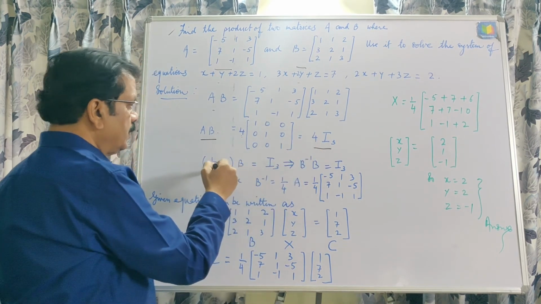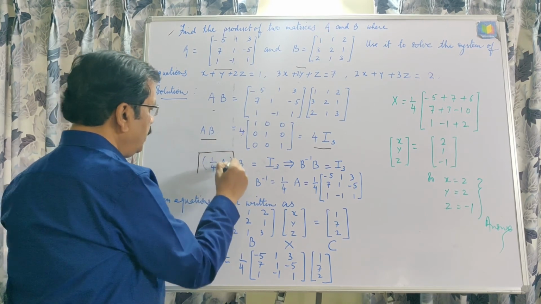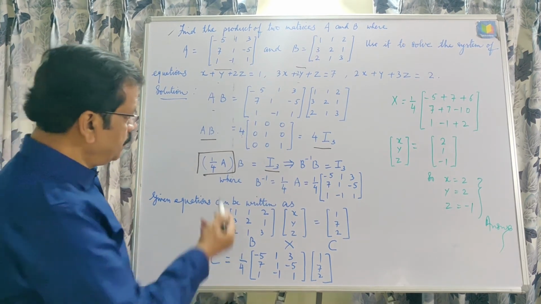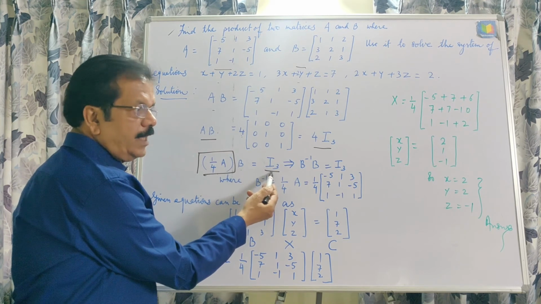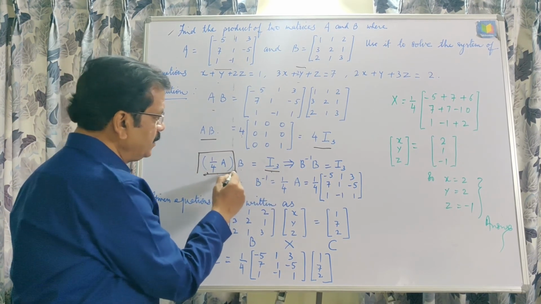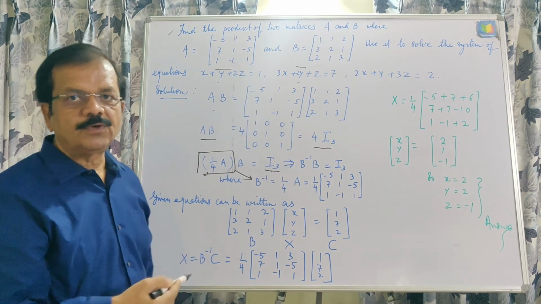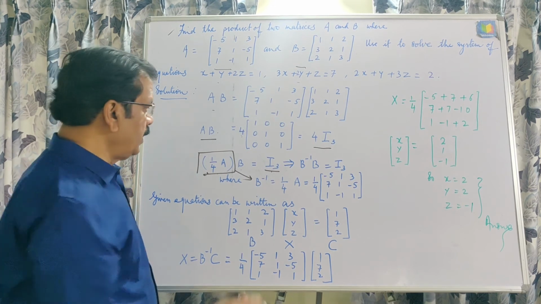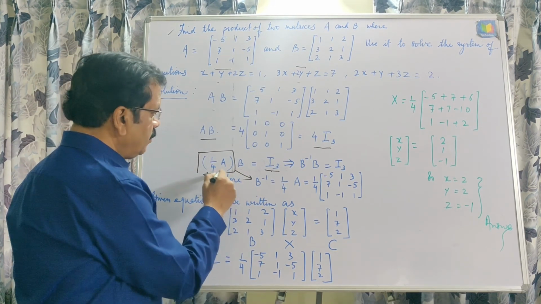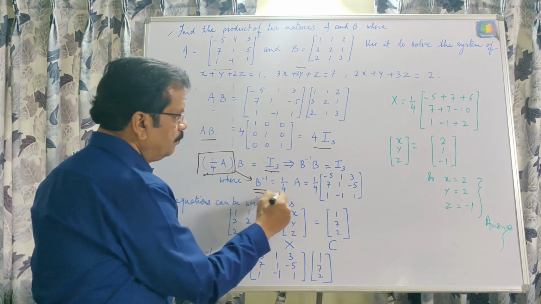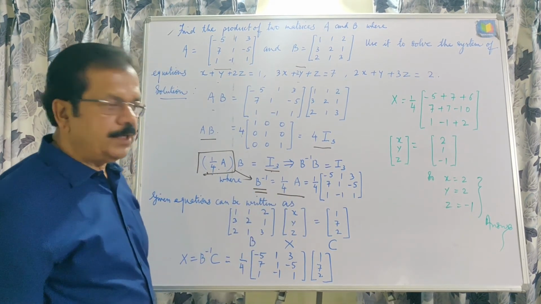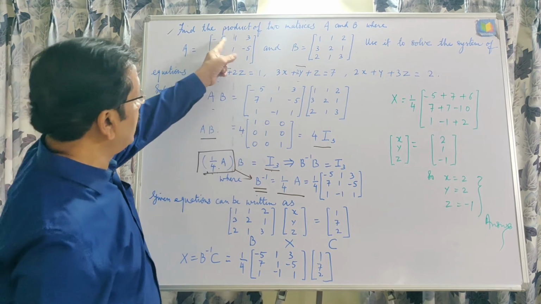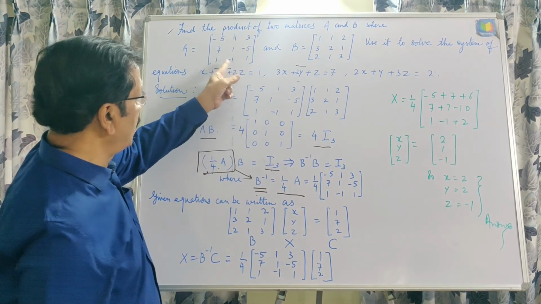So 4 here, then 1 upon 4 AB is equal to I3, and once you compare with the inverse, that is B inverse into B is equal to I, then this value can be taken as B inverse, because we know the identity A inverse A is equal to I, B inverse B is equal to I. Comparing from that concept we get B inverse is equal to 1 upon 4 into A, where A is minus 5 1 3, 7 1 minus 5 and 1 minus 1 1.